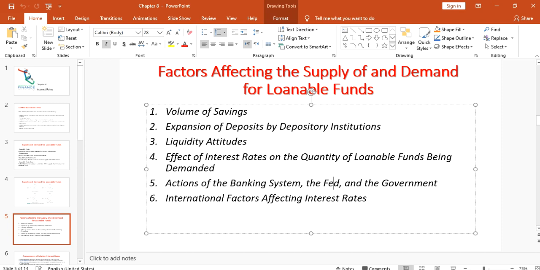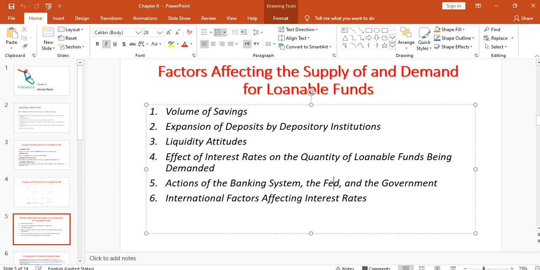Recently, because of the coronavirus, the Federal Reserve, the central bank of the United States of America, lowered the interest rate from about 2% to almost 0. That affects the loanable funds in the market.